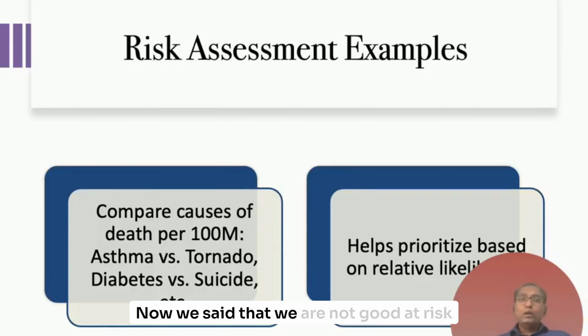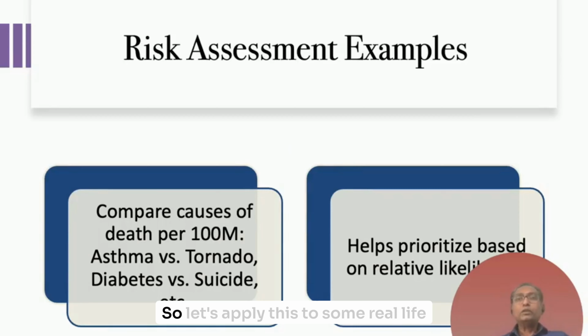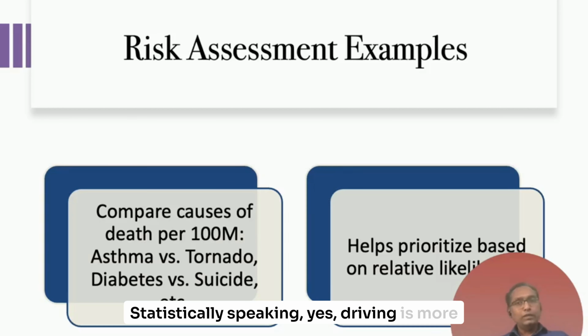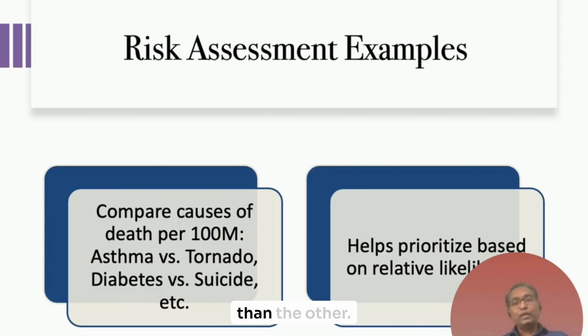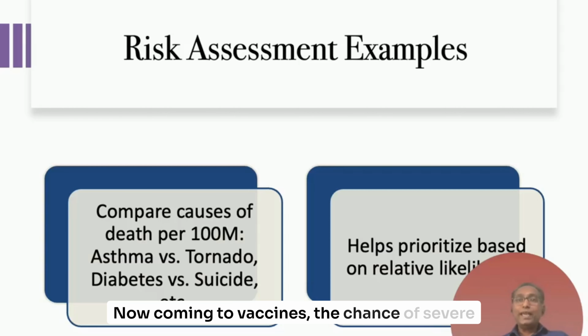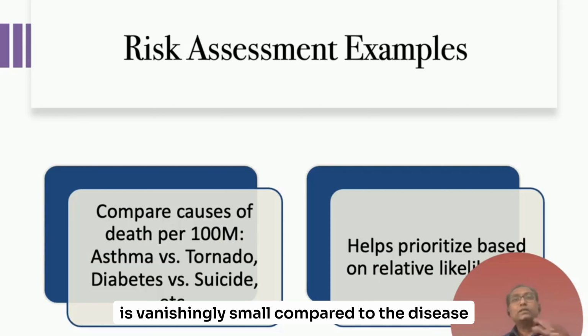Now, we said that we are not good at risk assessments. Let's look at an example to illustrate that. So let's apply this to some real life examples. For instance, tell me if driving is more dangerous than flying. Statistically speaking, yes, driving is more dangerous, but flying feels riskier because plane crashes are vivid and dramatic, and also they are shown more on television. Now, coming to vaccines, the chance of severe side effects is vanishingly small compared to the disease risks they prevent.